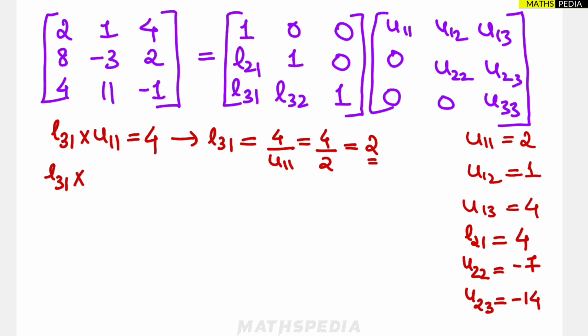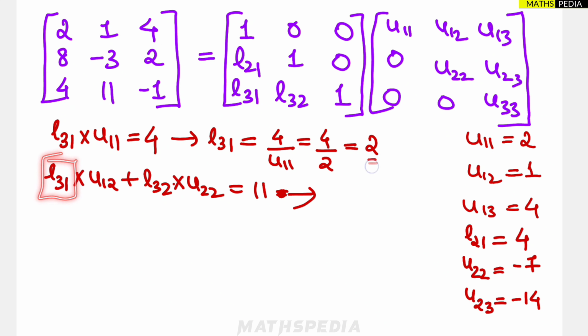L31 into U12 plus L32 into U22 plus 1 into 0, no need to write, equal to 11. So from this, which value is known? See, L31 we just found out, which is 2. U12 value we already know, which is 1. L32 value we don't know, but U22 value we know, which is minus 7. So you have to substitute that.